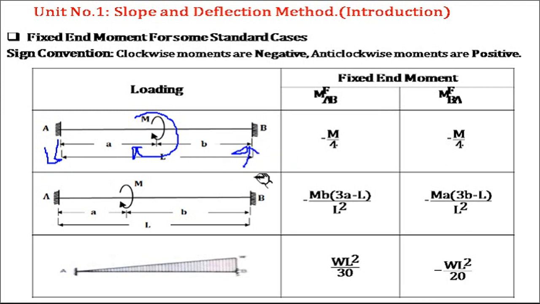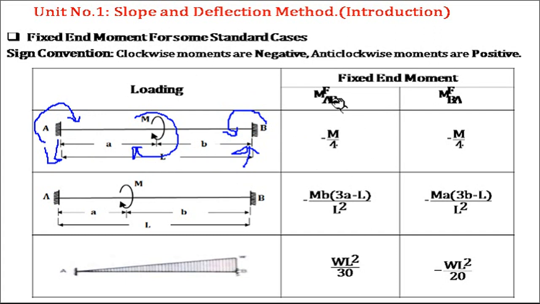So the fixed moment at joint B will be in the clockwise direction, as well as the fixed moment at A will be also in clockwise direction.